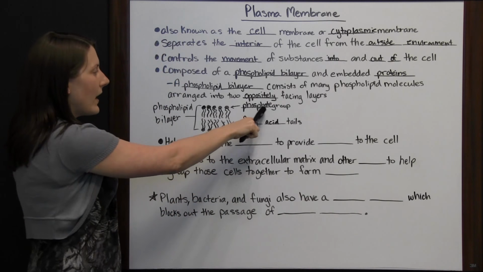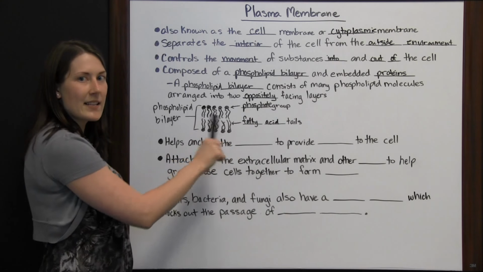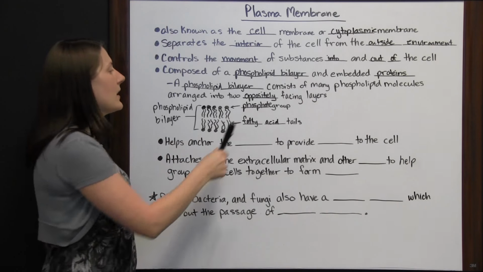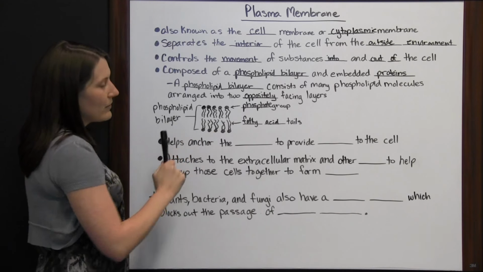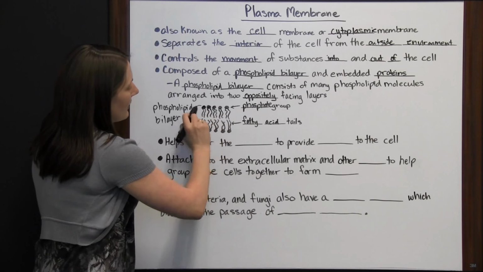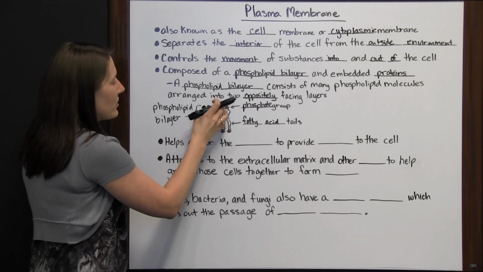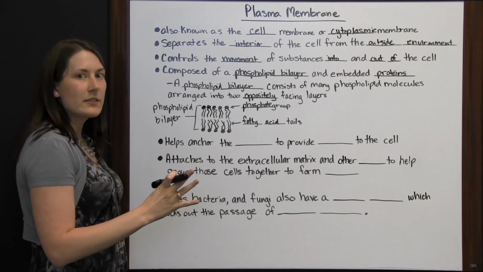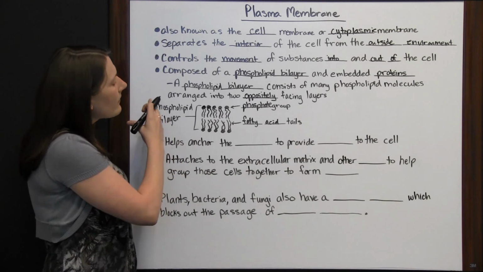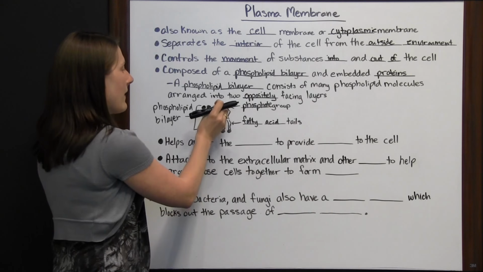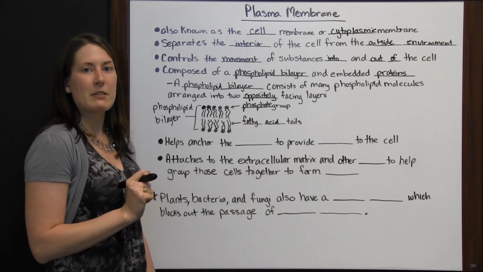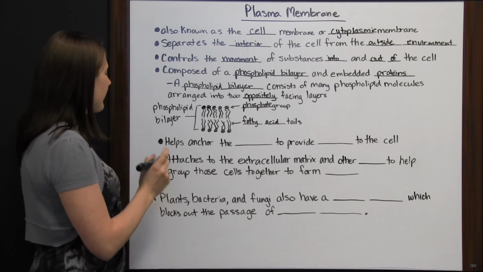So you've got phosphate group and fatty acid tails, which are like lipids. So you get your phospholipid bilayer because you have two layers of it. And these phosphate groups facing out bunch together and they repel some things. So they're going to repel what the plasma membrane wants repelled, and then they'll kind of open up and let through what the plasma membrane wants to let through.